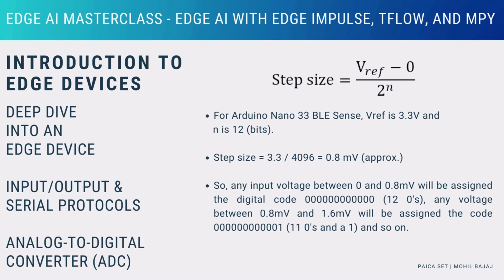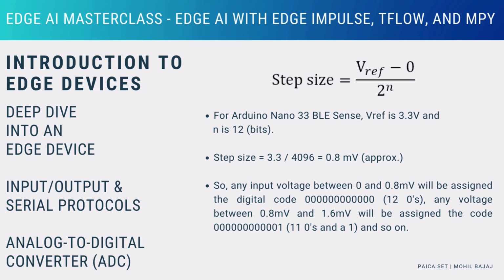When this digital code is converted back to a value to be used in the code, or for making machine learning predictions, it will lead to loss of accuracy as the computer won't know the difference. That is, it wouldn't know whether the initial value was 0.85 millivolts or 1.55 millivolts.